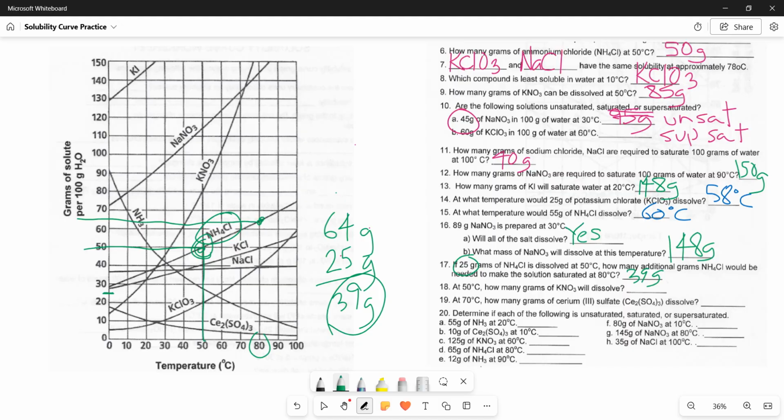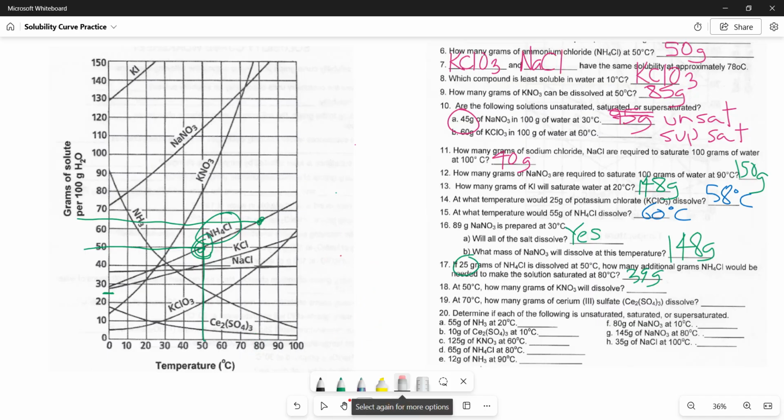Okay, 18. At 50 degrees Celsius, how many grams of KNO3 will dissolve? So let's clear the screen. So at 50 degrees, how many grams of KNO3? So here's KNO3. Will dissolve. So if we come up and hit that line there and go across, it's going to be about 80 grams.